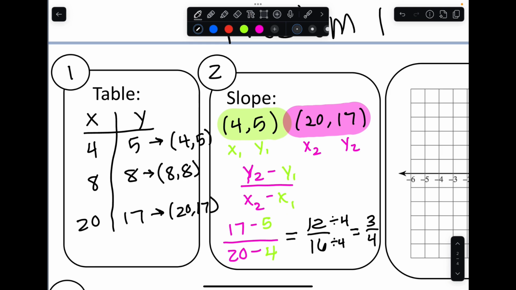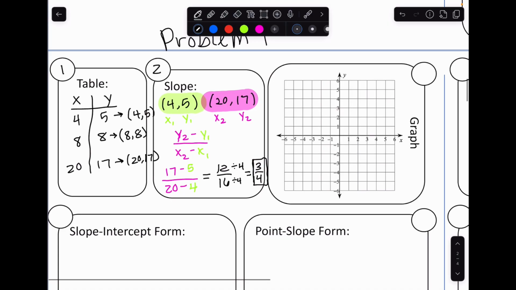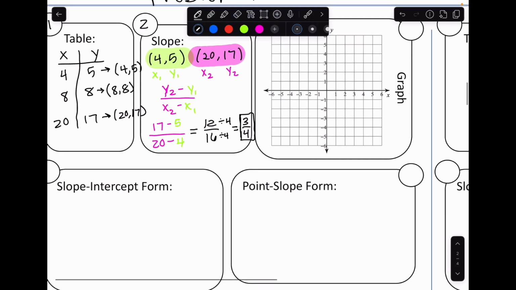Okay, and this is my slope. All right, so now I have a point and a slope. None of my points are my x-intercept or are my y-intercept. So I'm going to start with point-slope form.